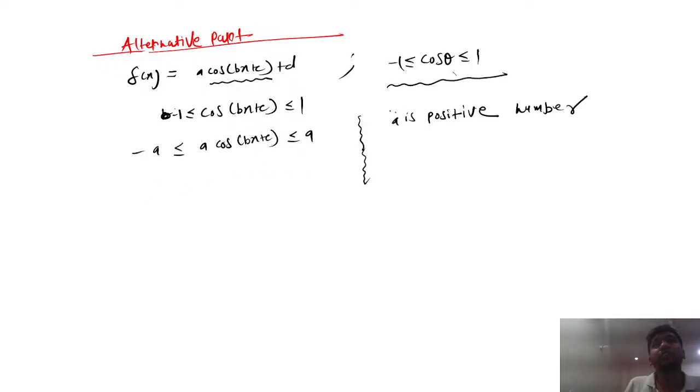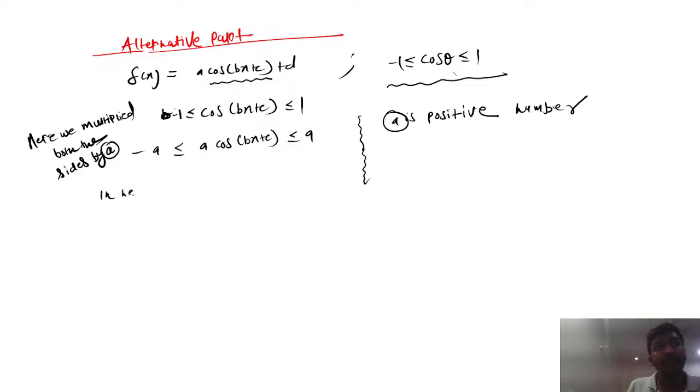Where a is any positive number. In the first step, what we have done is multiplied both the sides by a. And in the next step, what do we do?